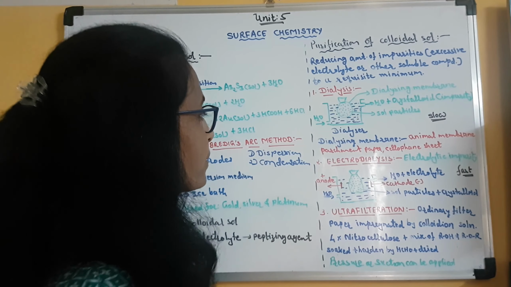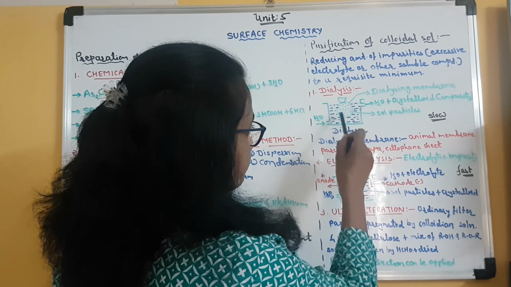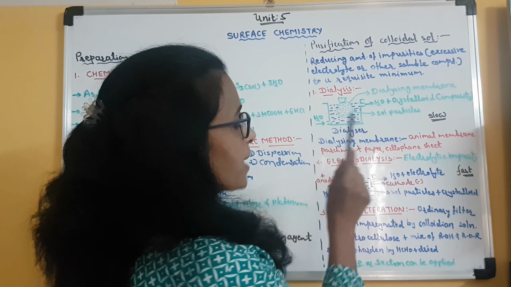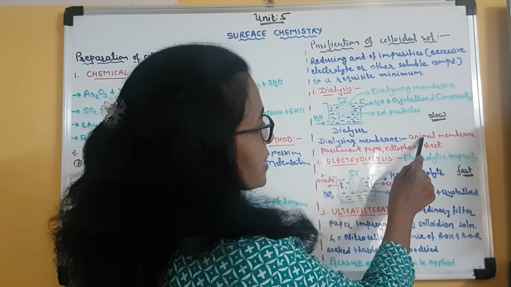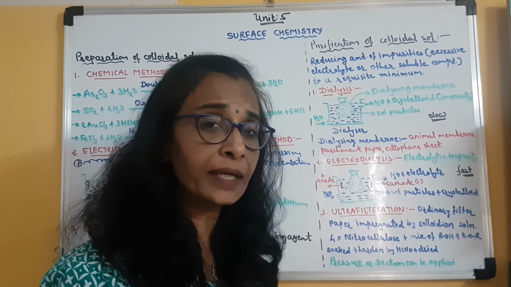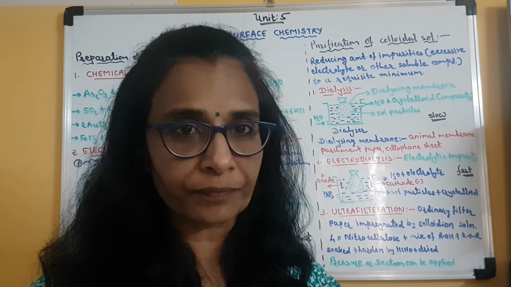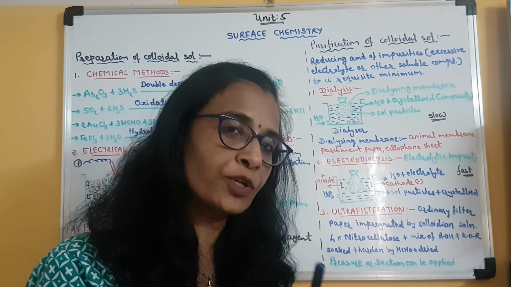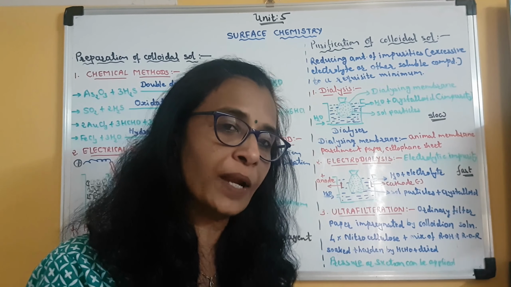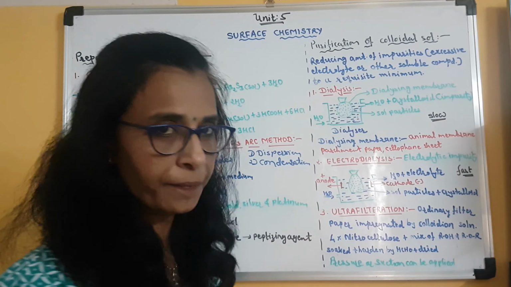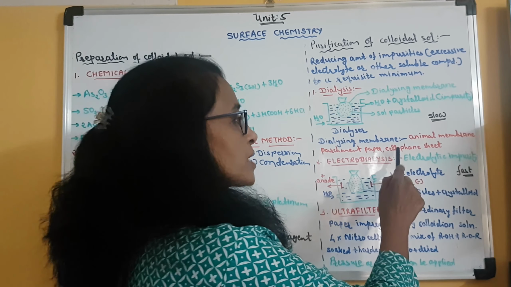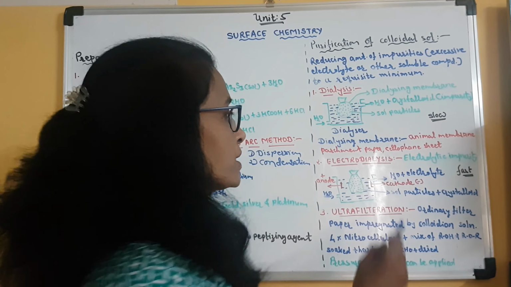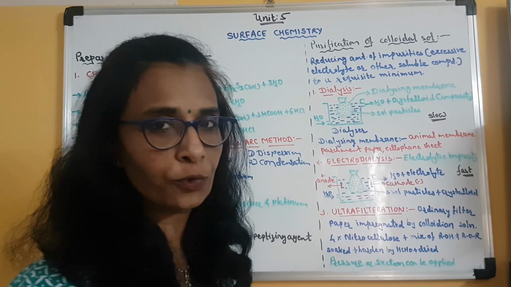Generally this membrane is known as a dialyzing membrane, and it is either an animal membrane like the urinary bladder. The membrane of the urinary bladder is a semi-permeable membrane, or it is called the dialyzing membrane. Another is parchment paper or cellophane sheet. This is again an important MCQ.